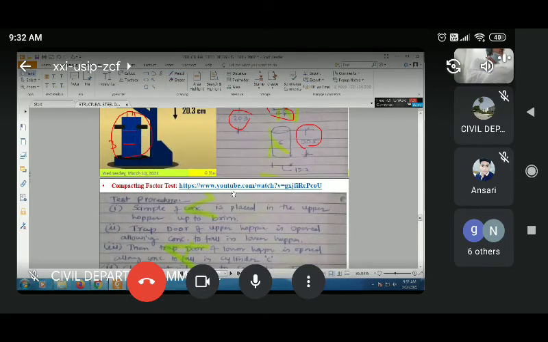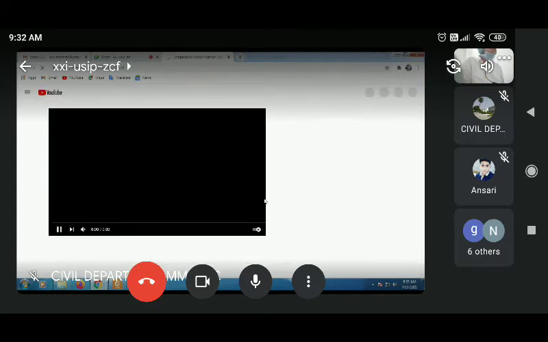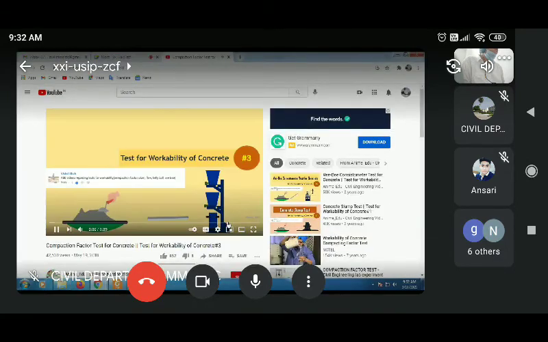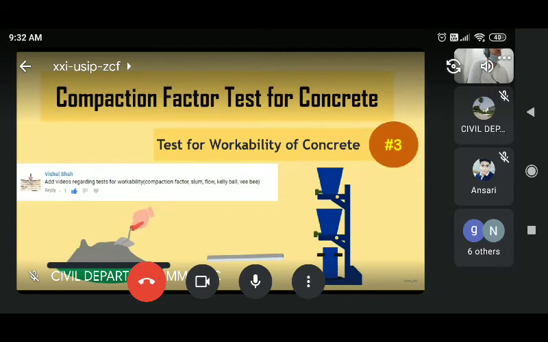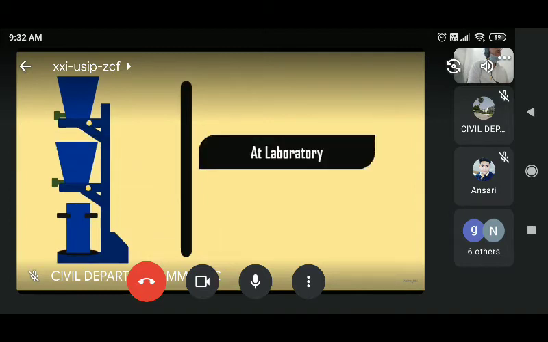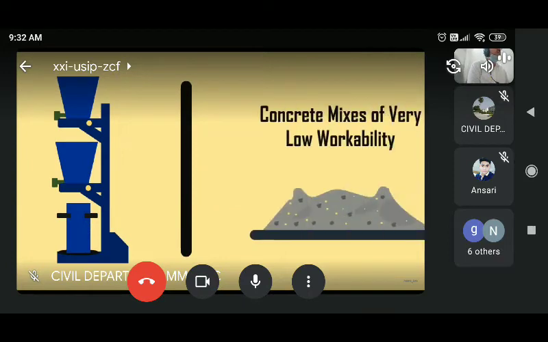You can see the video also on YouTube, how the compaction factor test is done for concrete. तो ये लैबोरेटरी में टेस्ट करते हैं या कभी कभी हम साइट पर भी टेस्ट करते हैं.